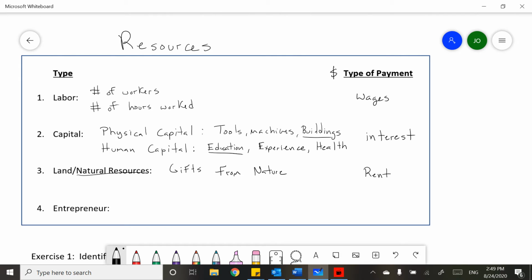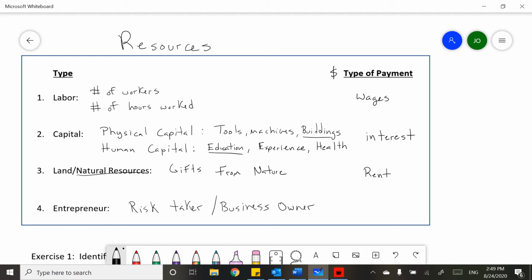Now, finally, and this is probably the most important resource of them all, is the entrepreneur. The risk taker, the business owner. The person that creates a business.